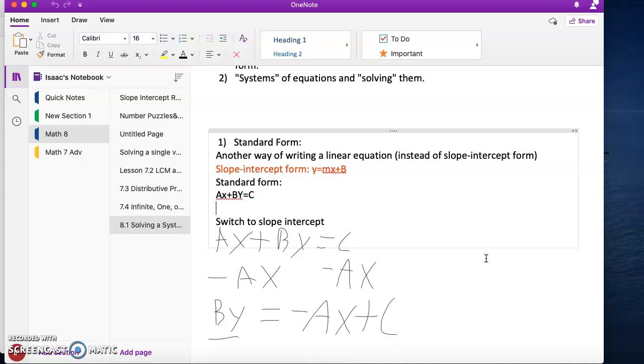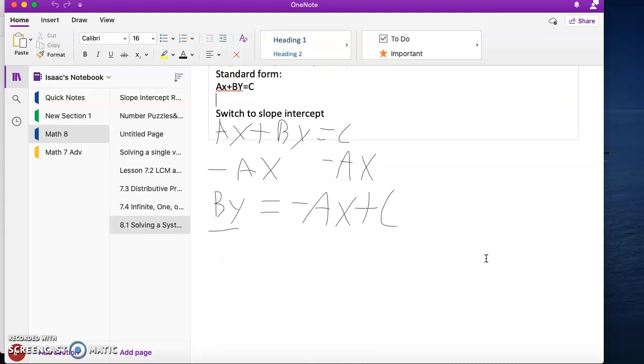Then I need to divide both sides by b. So then I'll have y equals negative a over b times x plus c over b.